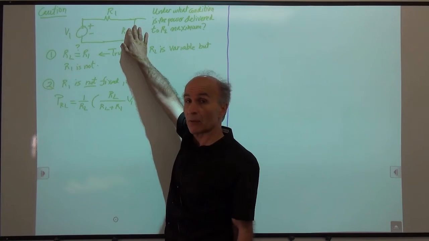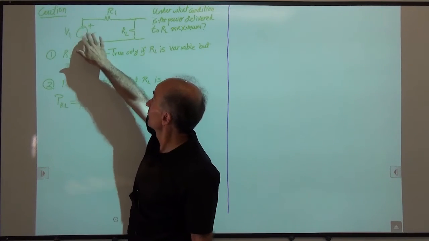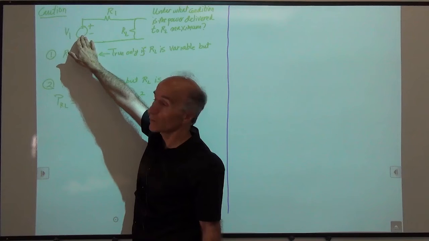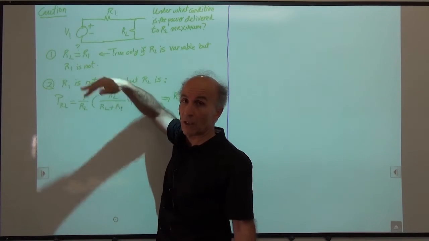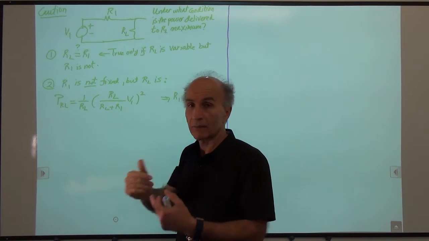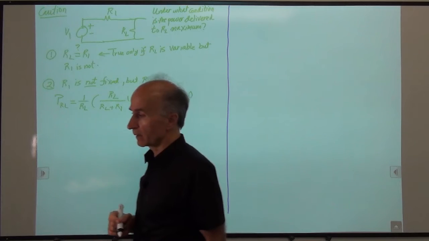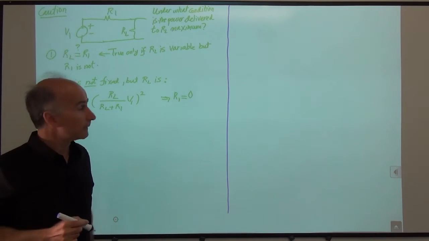And that's the best case for power transfer to RL, right? Because if you have nothing here, all of this voltage across RL gives me V1 squared over RL. That's the highest voltage I can create, and hence the highest power I can deliver to RL. All right, so that is the notion of maximum power transfer.